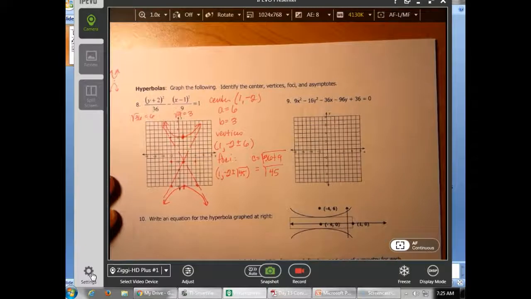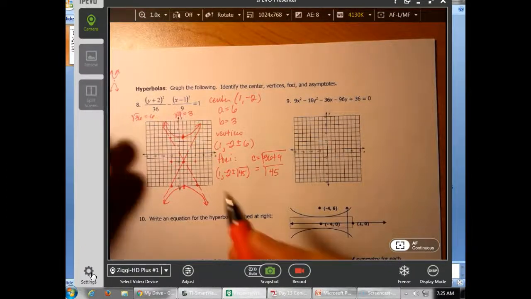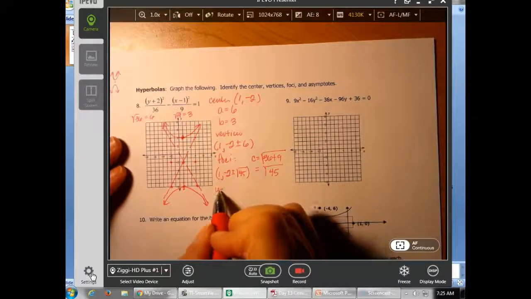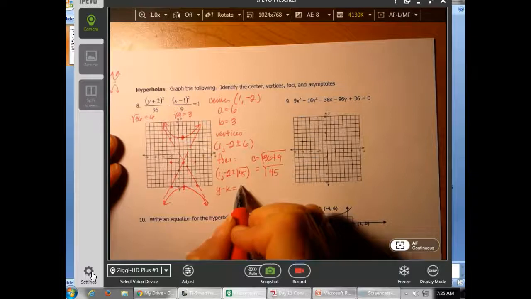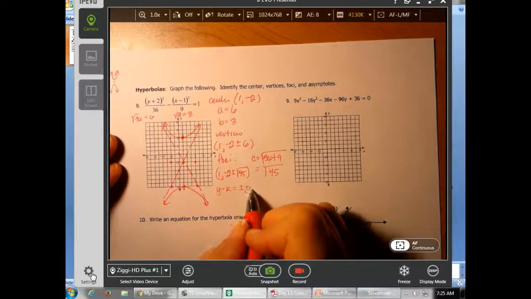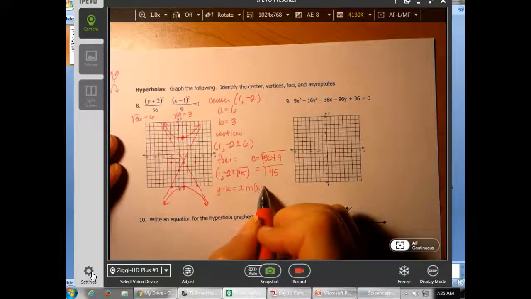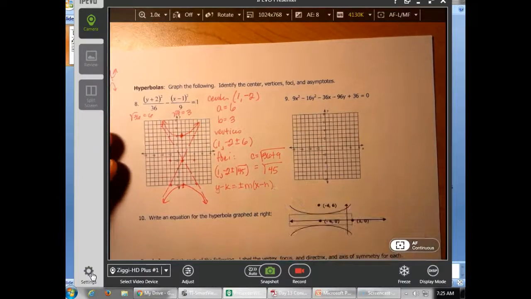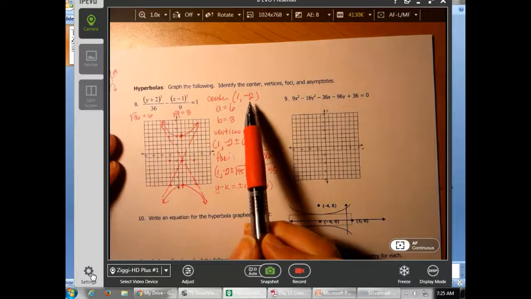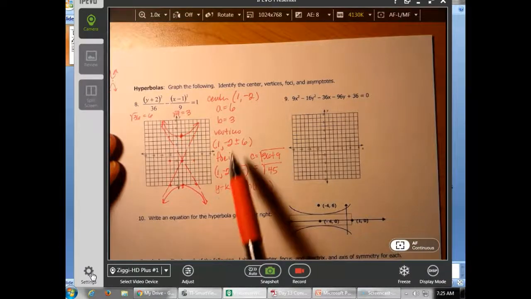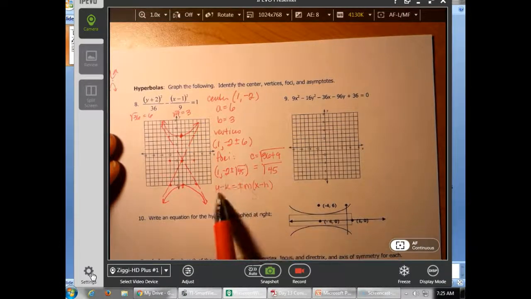So that's the foci. The only other thing we need is the asymptote. And I'm going to show you, obviously it's y minus your k value is equal to plus and minus m, times x minus your h value. So y minus k is going to be y minus a -2, or y plus 2.